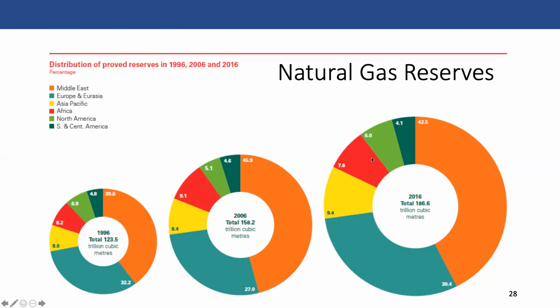We're going to talk about fracking in a little bit and how that's changed things. North America has increased their amount. So these are percentages of share, but the actual quantity of proven reserves has increased quite a bit. Maybe not proportionally, because everyone is doing what the US is doing, but the reserves themselves have grown quite a bit.